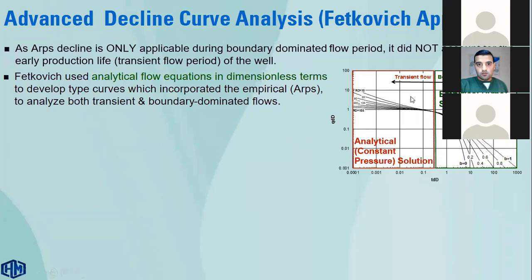We have this type curve for Fetkovich, which incorporated the empirical Arps solution in addition to the transient solution to finally characterize the entire period of our well, including the transient and steady-state flow conditions.